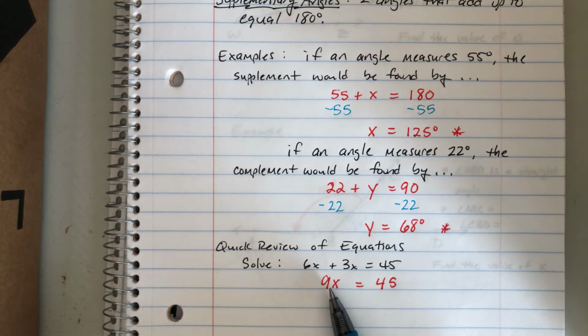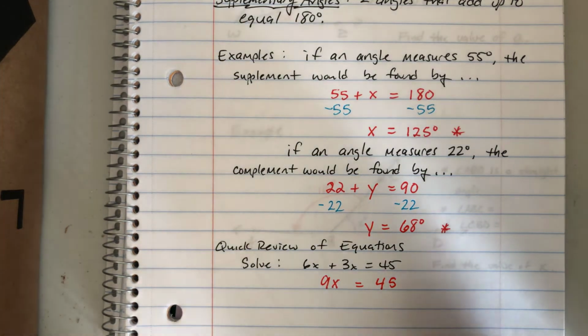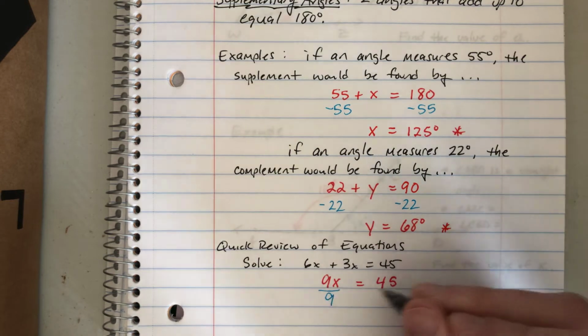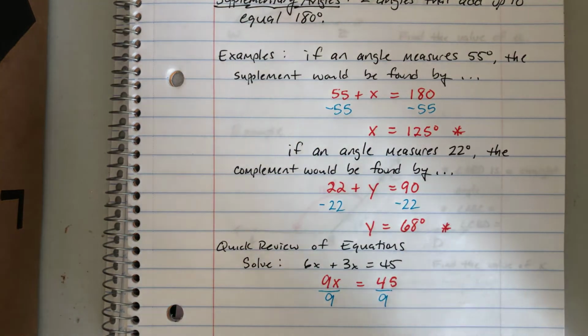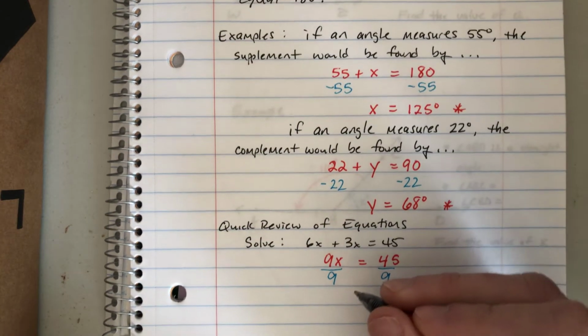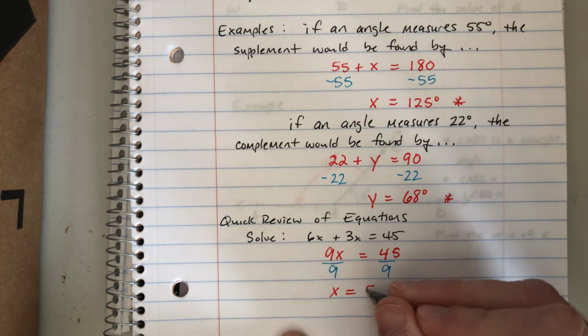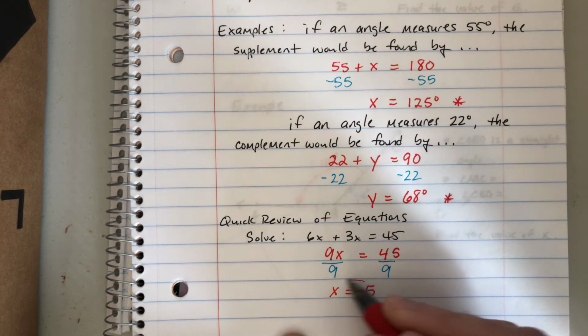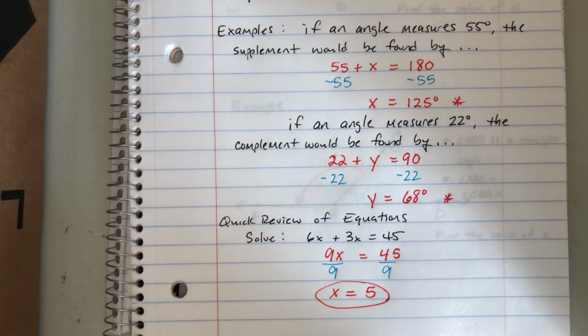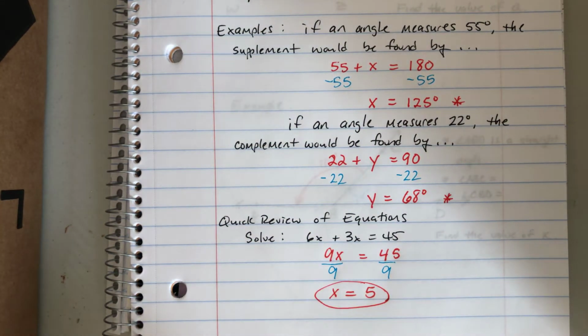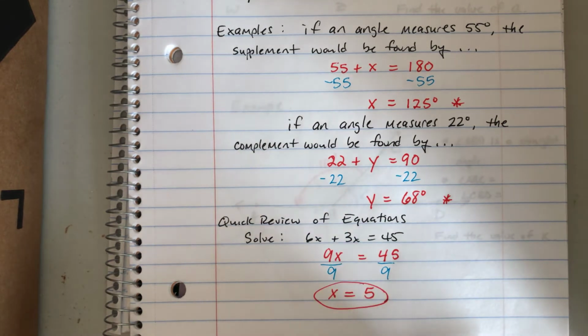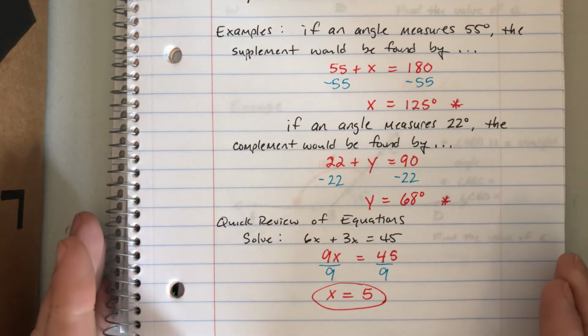And this is multiplication, so to undo the multiplication, we would divide both sides by that coefficient of 9, dividing by 9 on both sides. And that would give you the value of x, which is 5. Just a quick review of solving equations, because we'll be setting up some equations that look something like this in a few minutes. All right, I'm going to turn the page.